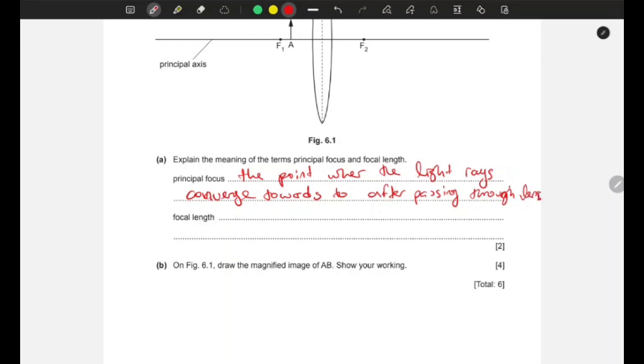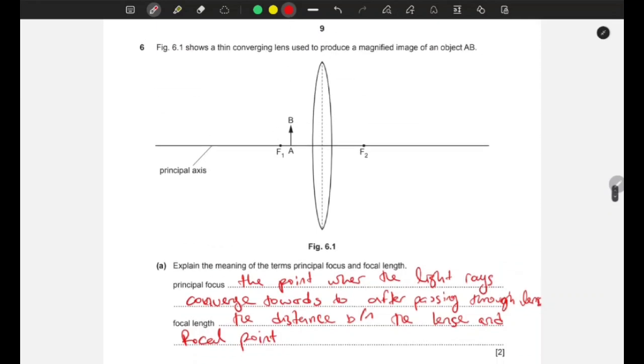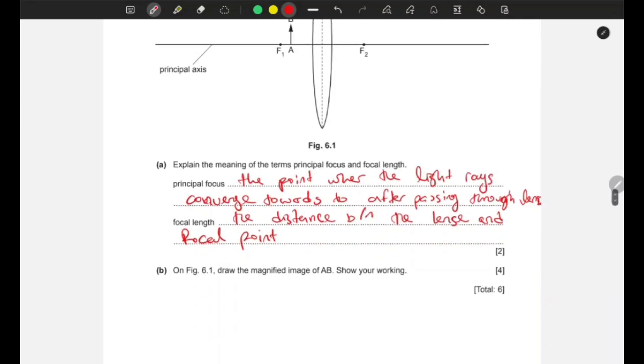And the focal length is the distance between the lens and the focal point or the principal focus. So for example, in this image, this is the focal length.